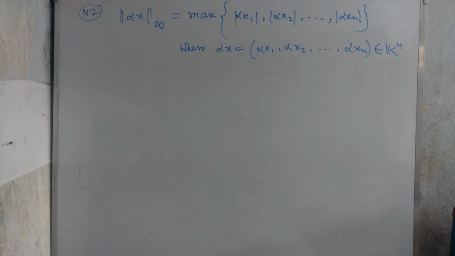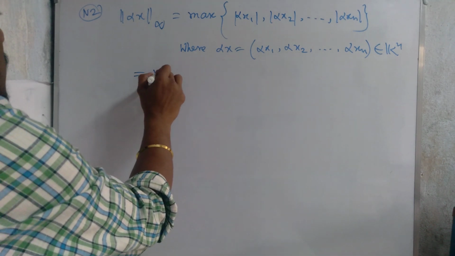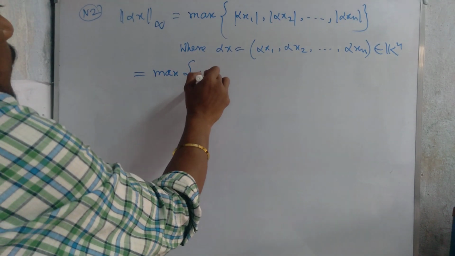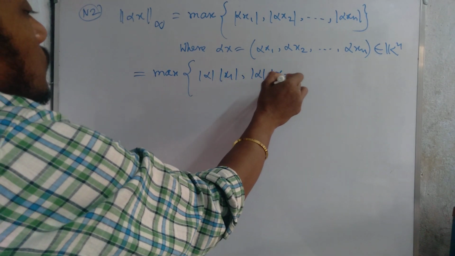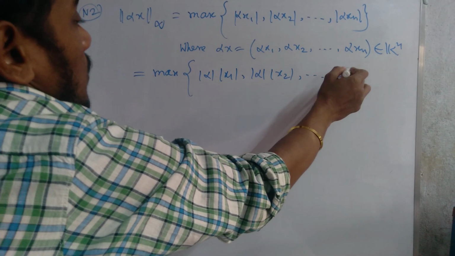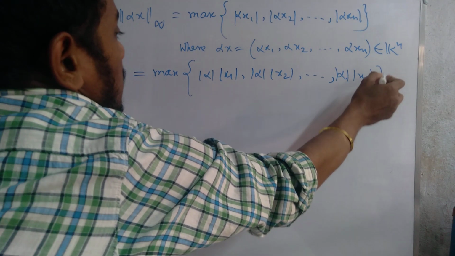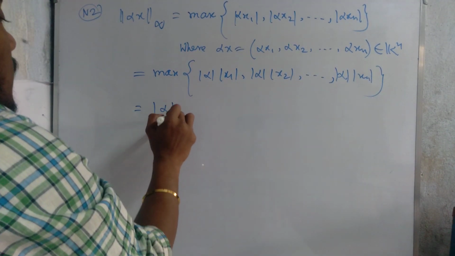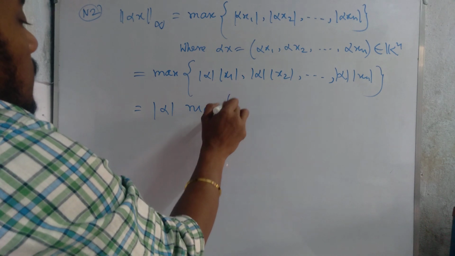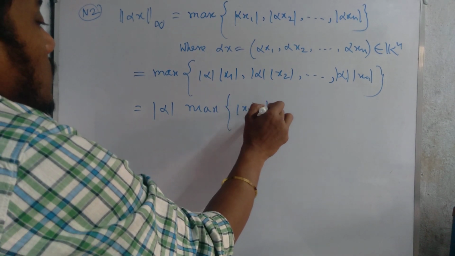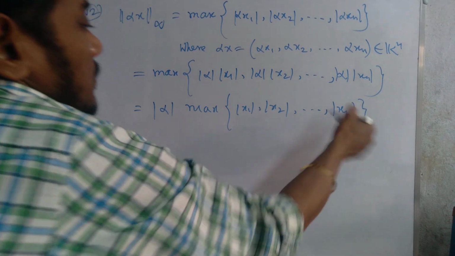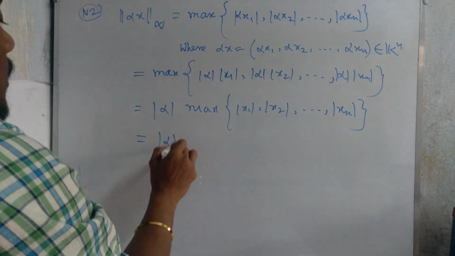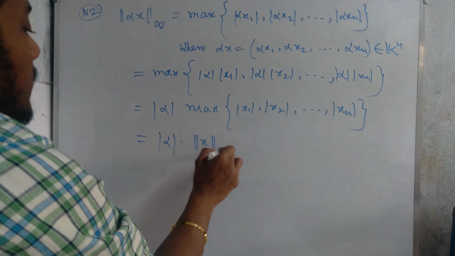Here mod alpha is outside: mod alpha mod x1, mod alpha mod x2, dot dot dot, mod alpha mod xn. Taking mod alpha outside the maximum, this equals mod alpha times norm x infinity.